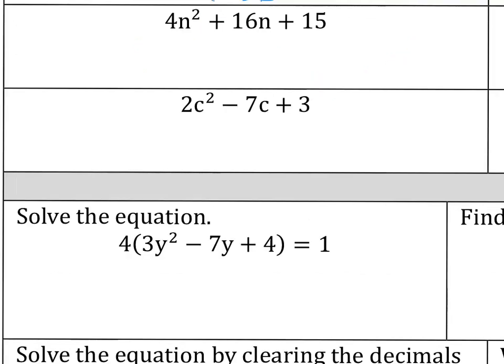Okay, and this next one here, for 4, I could use 4, 1, or 2, 2. And with positive 15, I could use 1, 15, or 3, 5. But I wouldn't use a 15 here because 15 is so big. So I will work with 3, 5 here according to experience.